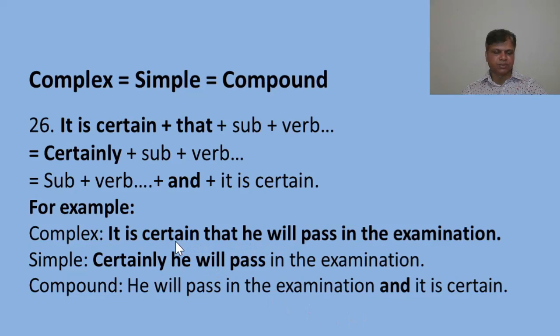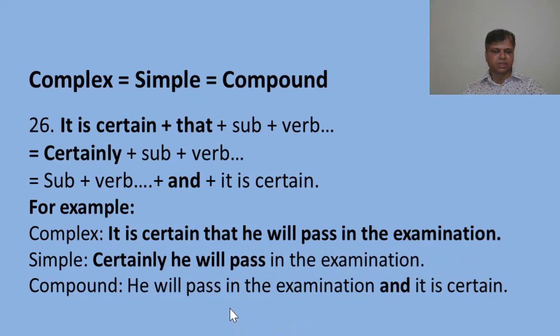And if we want to make it a simple sentence, we have to use the adverb form of the adjective. Here the adjective is "certain", so we have to use "certainly", the adverb form of certain. Then we have to use the sentence after "that": he will pass in the examination.